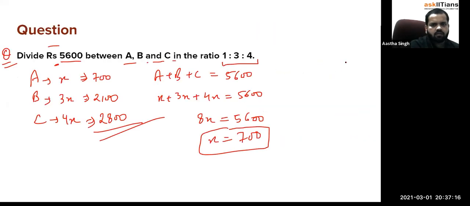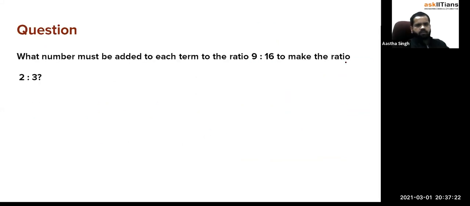I think the concept is clear to you, right? The concept of ratio and proportion. We'll do the next question. What must be added to each term of the ratio 9:16 to make the ratio 2:3? So the question is telling that what must be added to each term.